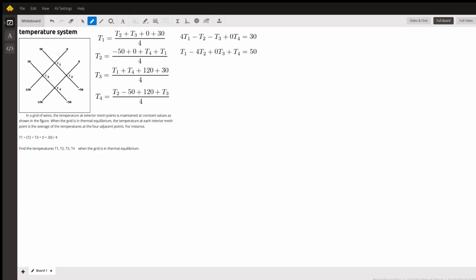And then a third equation, plus 0 T2, and then plus T sub 4 is equal to negative 150 for our third equation.